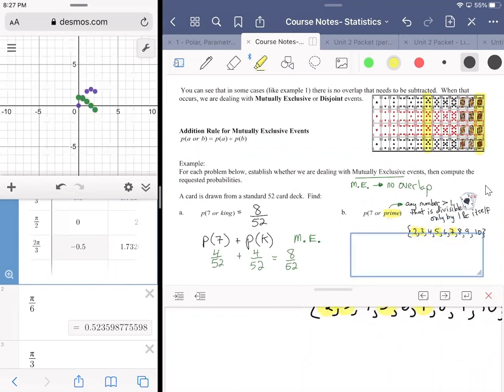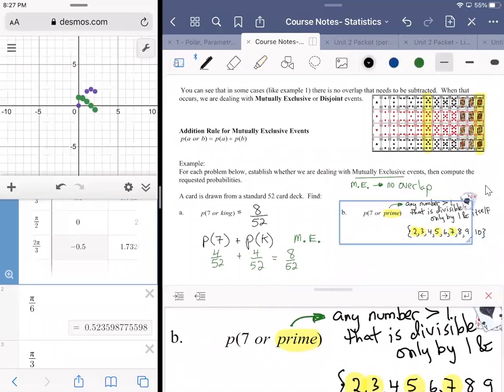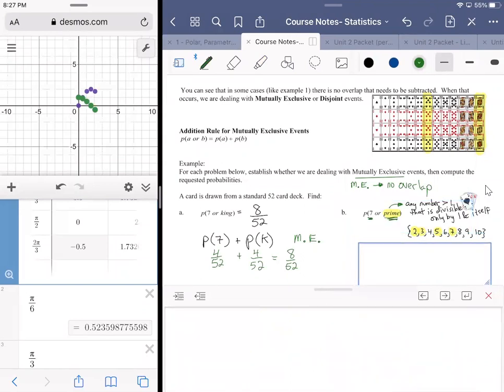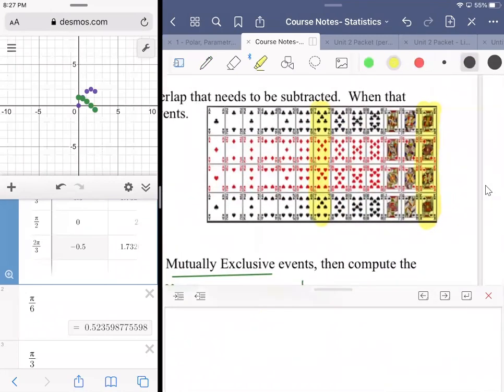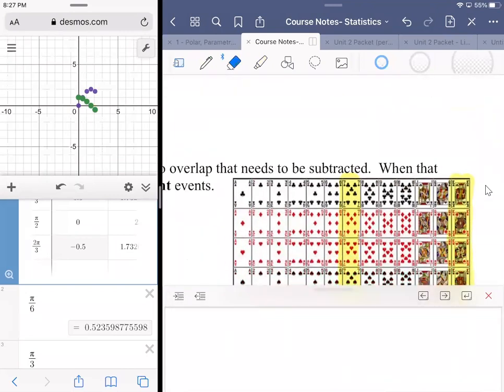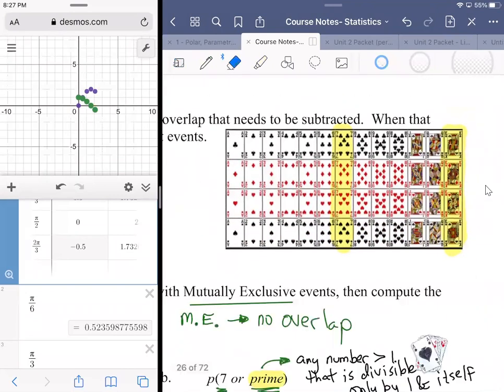So the key ingredient there is the number 7. I have my two sets here: the set of the number 7 and the set of primes. There is an overlap, right? Because when I look at my prime numbers, 7 is part of that set. So I'm going to go back to my diagram and mark up based off of the prime numbers.